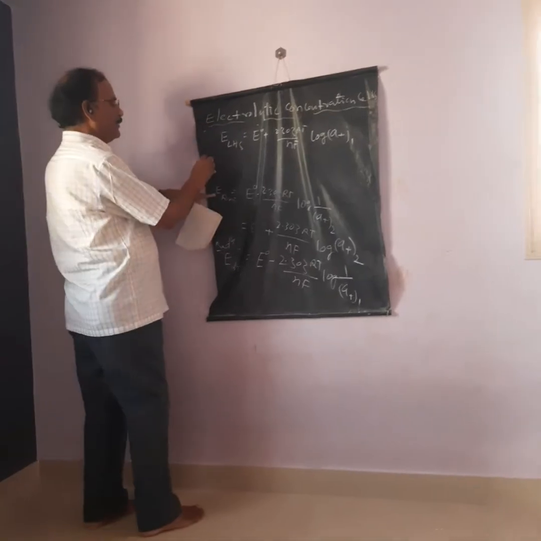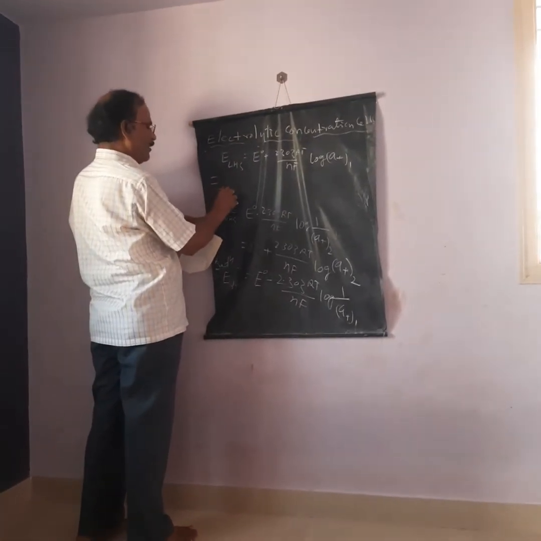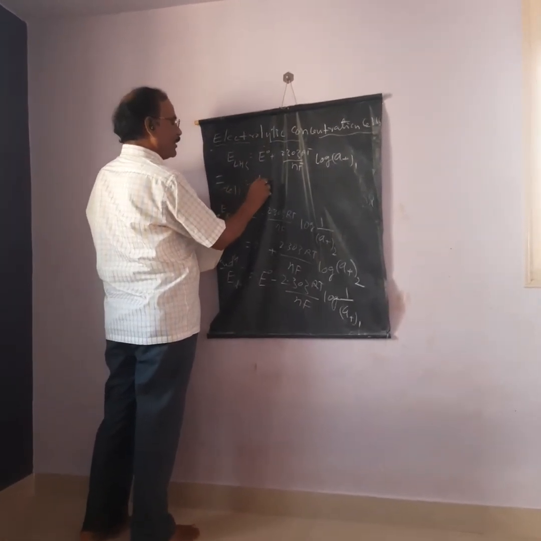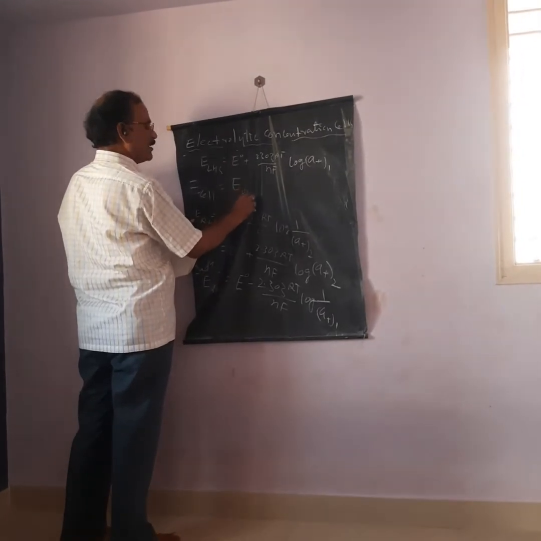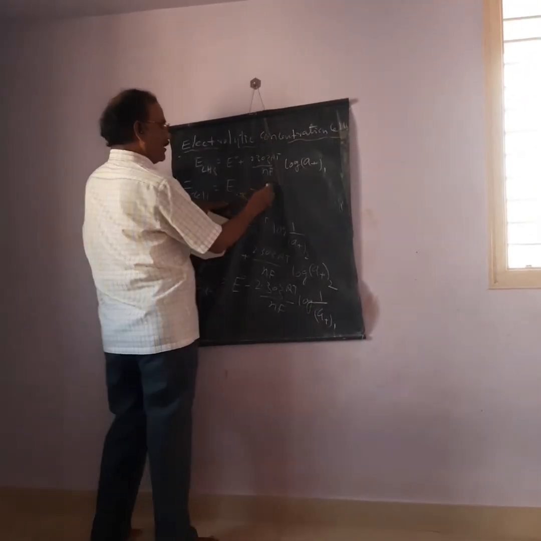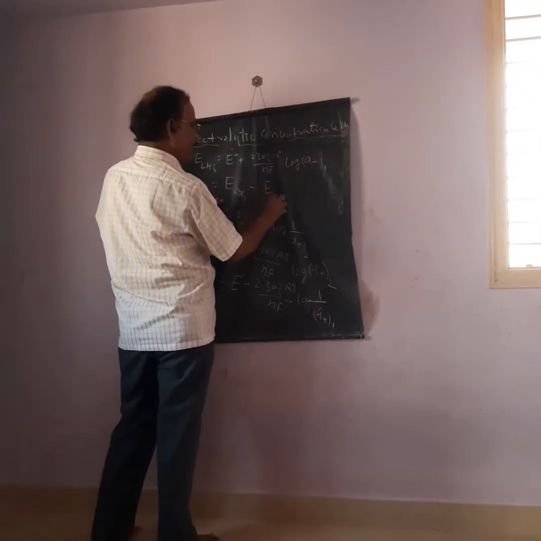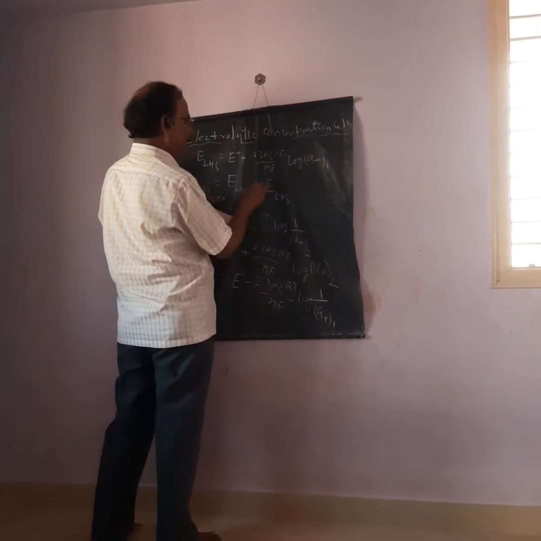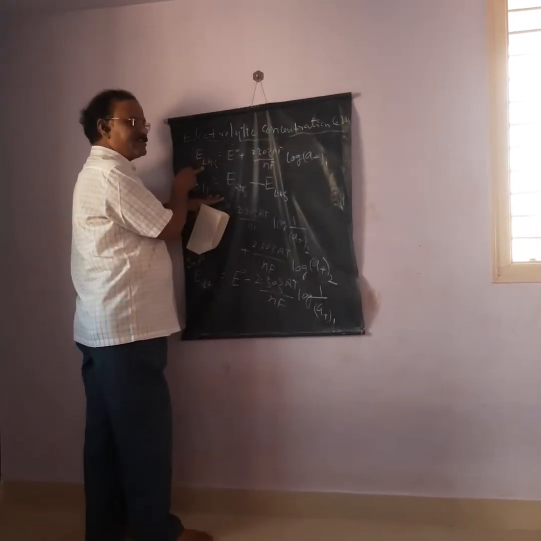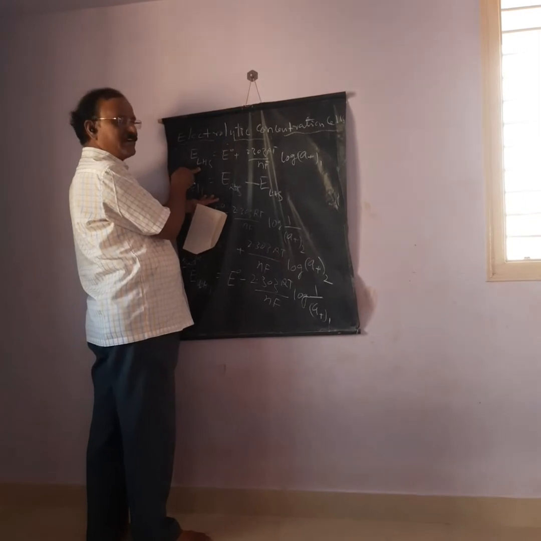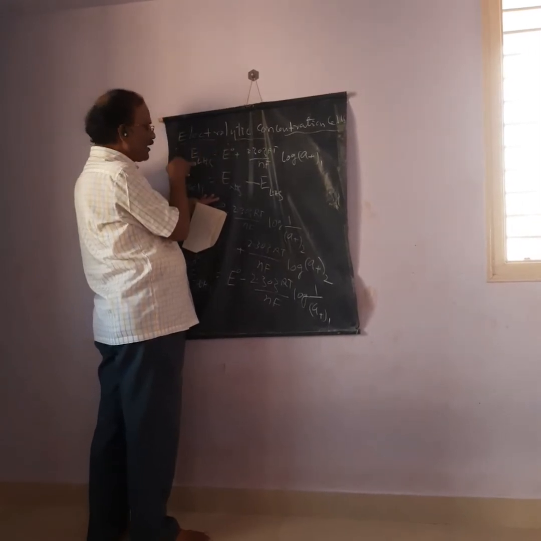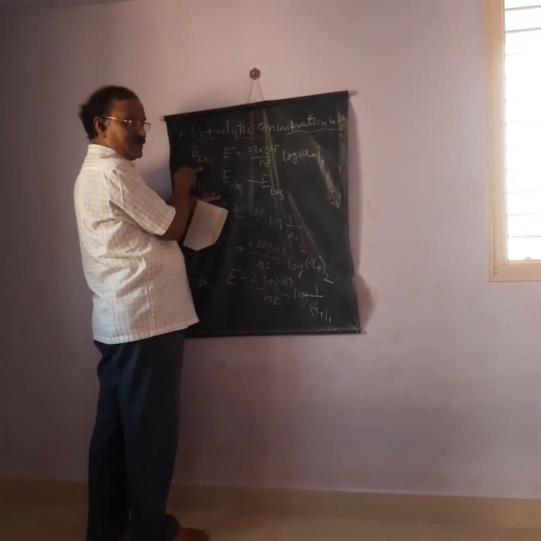Now the EMF of the cell is equal to the reduction potential of the RHS electrode minus the reduction potential of the LHS electrode. We are writing the equation where the LHS reaction is oxidation, but we write it as a reduction potential.